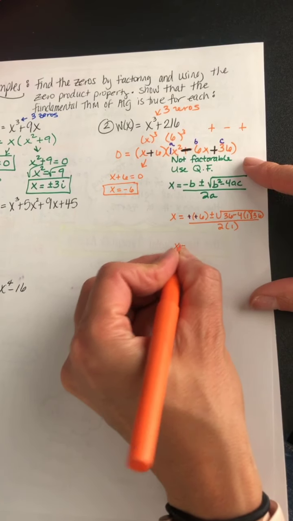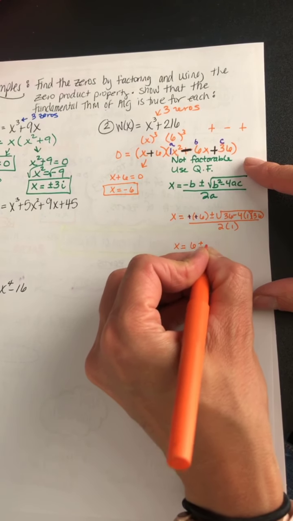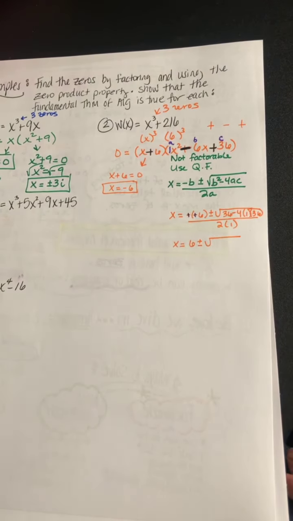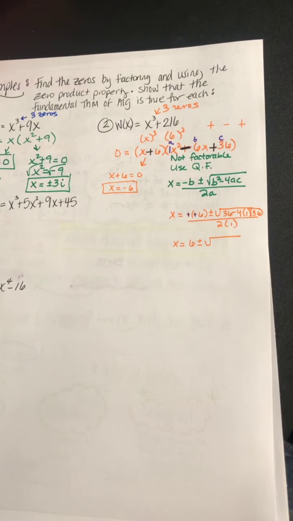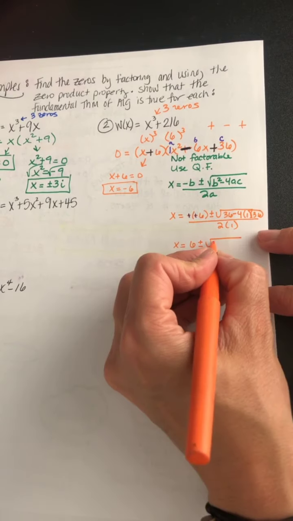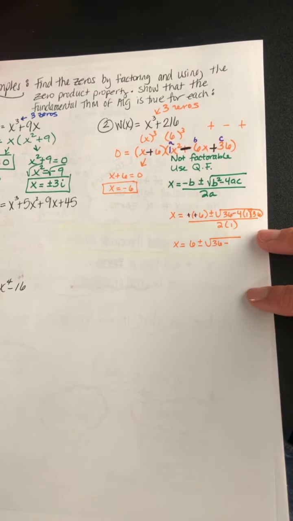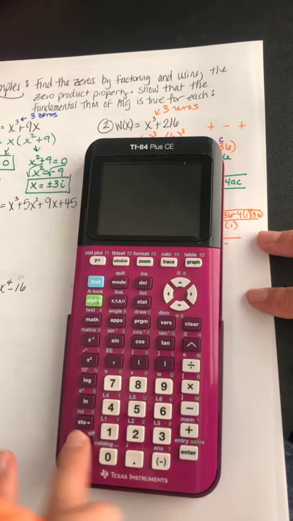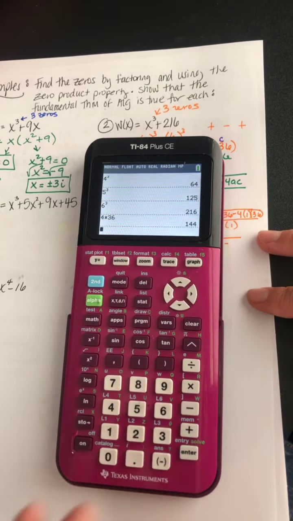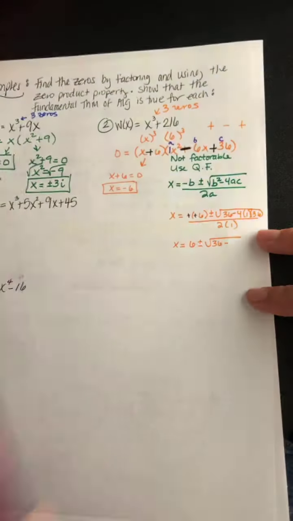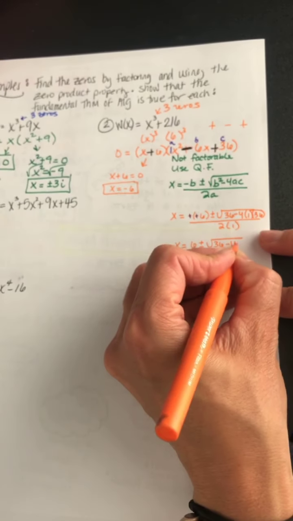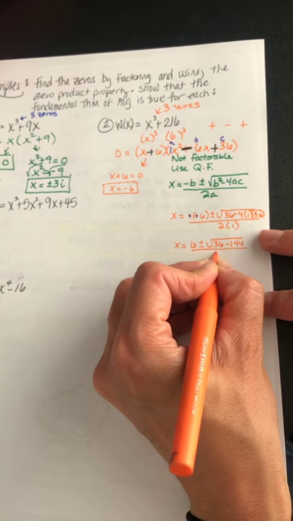So x equals 6 plus or minus the square root of what goes in that square root? Well, 36 minus 4 times 1 times 36. That's basically 36 minus, well, what's 4 times 36? 144. Oops, focus. It's 144, all over 2.